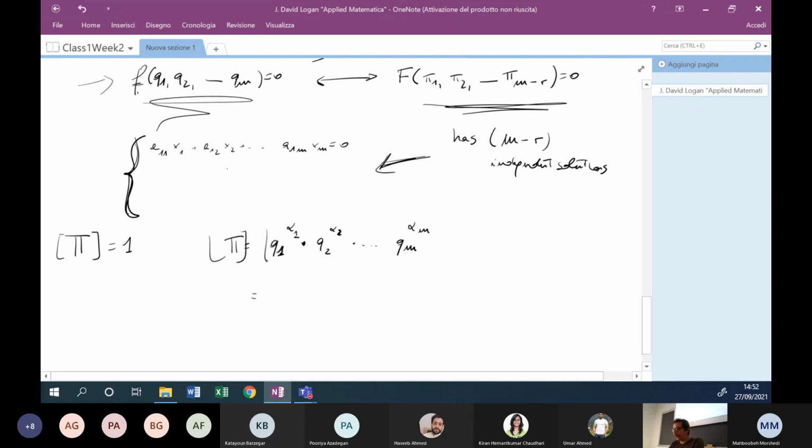I can calculate the dimension of this thing on the left hand side and on the right hand side. On the left hand side, I have this, which is equal to 1. On the right hand side, I will have the dimension of q1 to the power alpha 1, the dimension of q2 to the power alpha 2, so forth and so on, until the dimension of qm to the power alpha m.